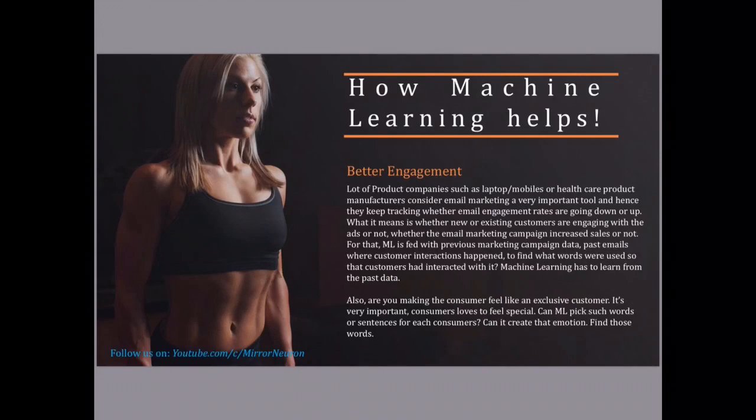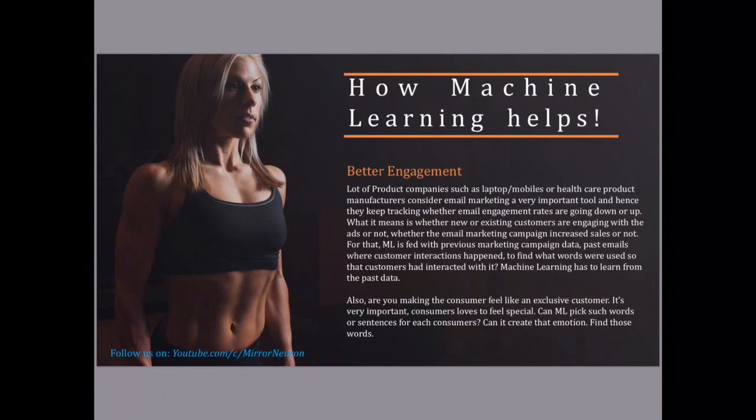So for that, machine learning algorithms are fed with previous marketing campaign data, past emails where customers' interactions happened, to find out what words and content were used so that customers had interacted with them earlier. Machine learning has to learn all this from the past data.